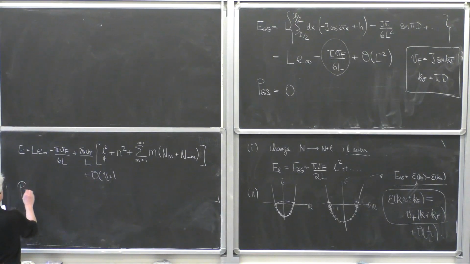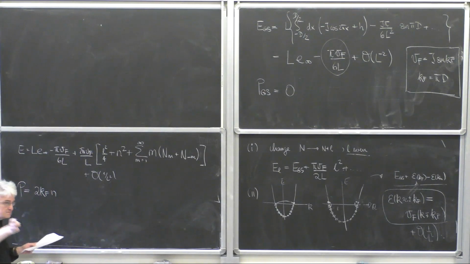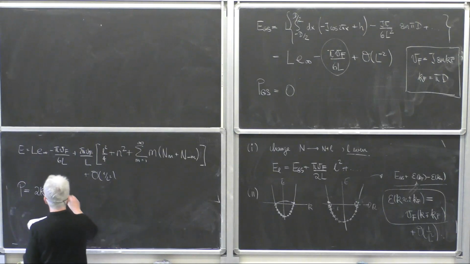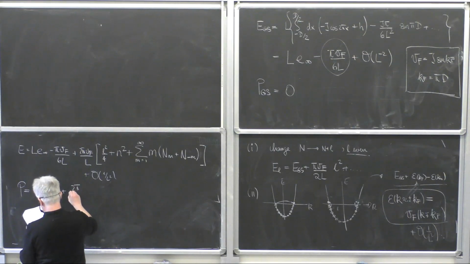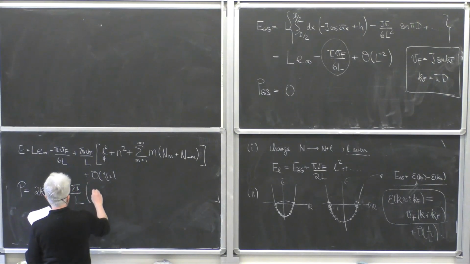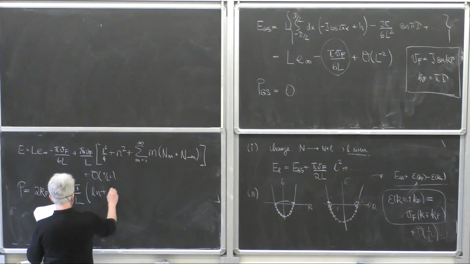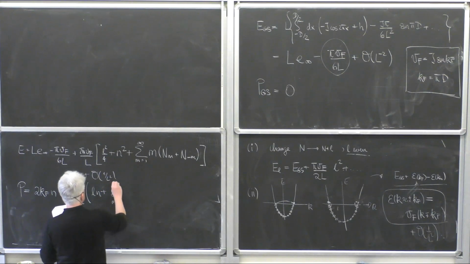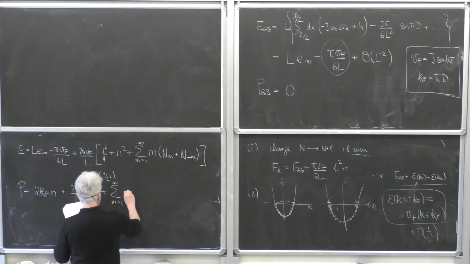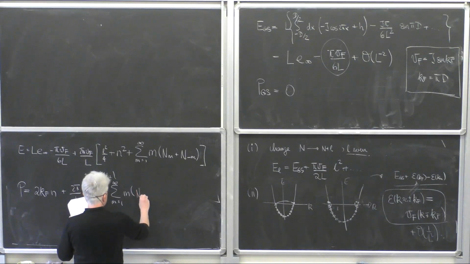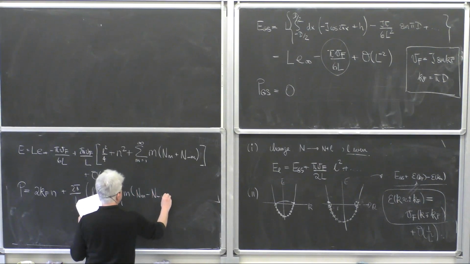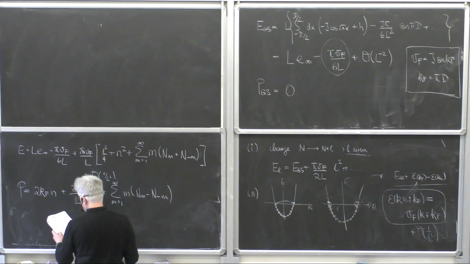And P is 2 kf n, where, as I told you, n is the number of particle excitations across the Fermi sea, plus 2 pi over capital L times (l n plus the sum over m equals 1 to infinity of m times (n_m minus n_minus m)).